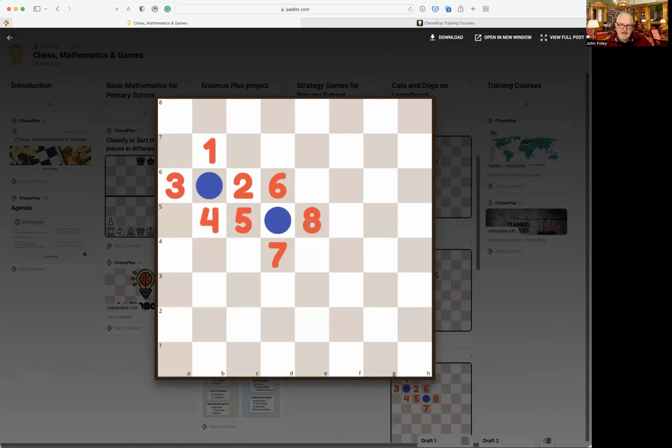Instead of having 7, we now have 8. The reason for that is that by shifting this blue from D6 to D5, we've allowed the two Xs, which were occupying the same square before, to be separated out. So we've generated one extra square.